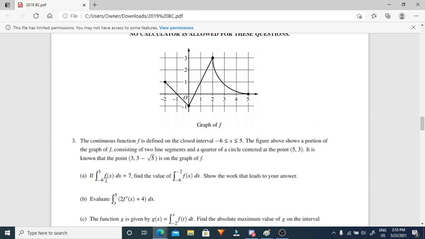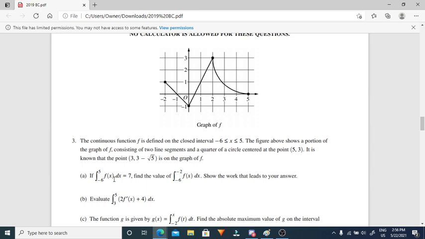All right, so the integral from -6 to 5, we don't know this part of the equation. We only know from -2 to 5, right? We know that this entire integral from -6 to 5 is 7, and we're trying to find the integral from -6 to -2, so up to this point, the part we don't know.